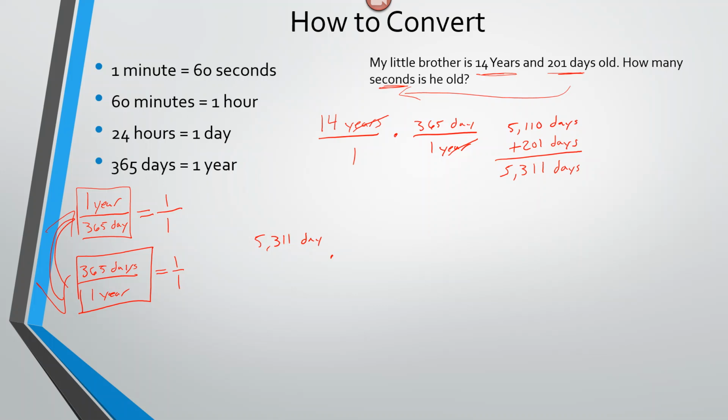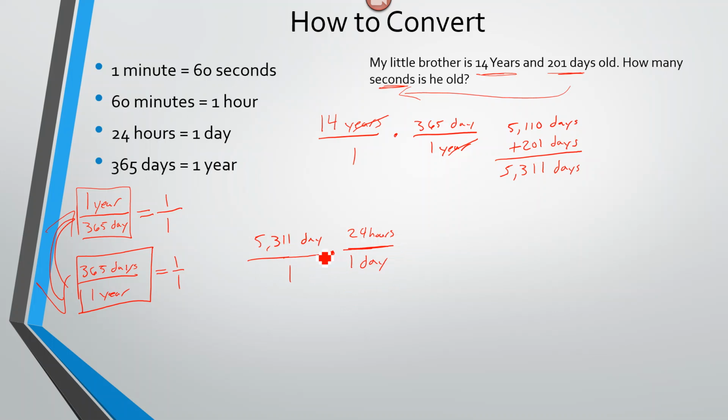We do know that there are 24 hours in a day, so we can do that. Days in the numerator, so we know if we want to get rid of day and go to something else, we want day in the denominator for our conversion. So we're going to put 1 day is 24 hours. Okay? Again, this is understood to be over 1.